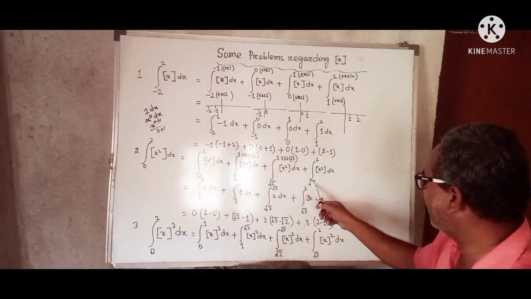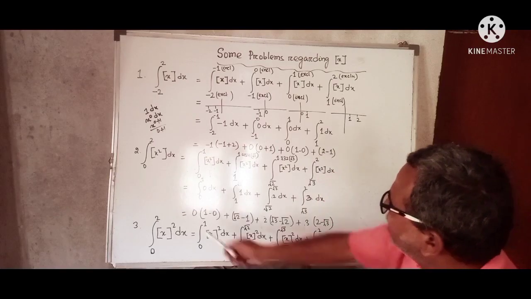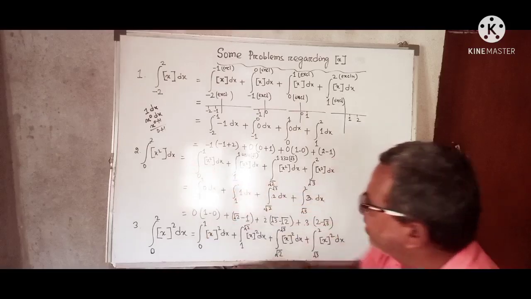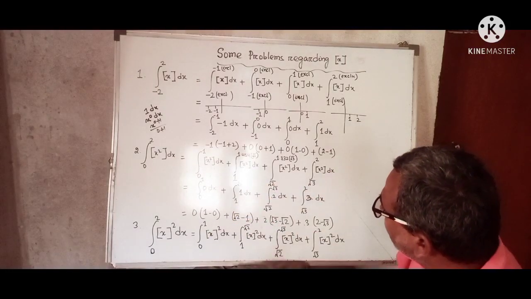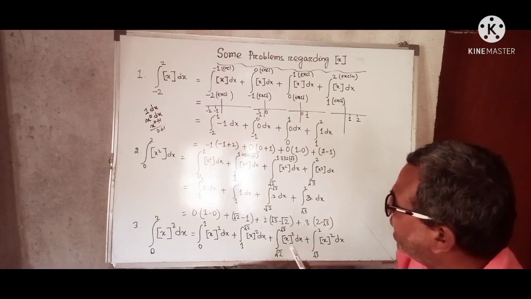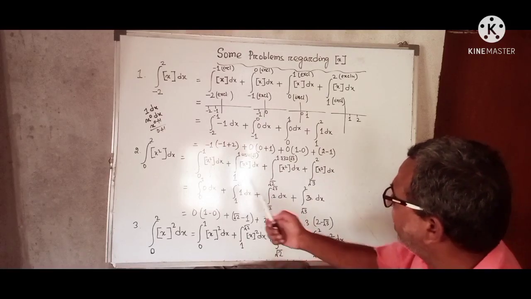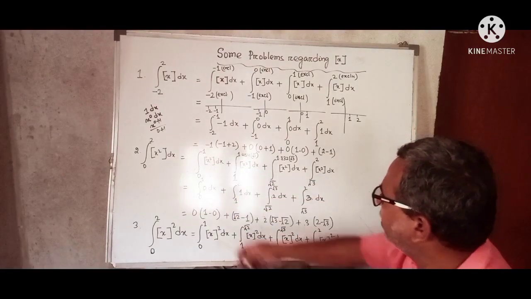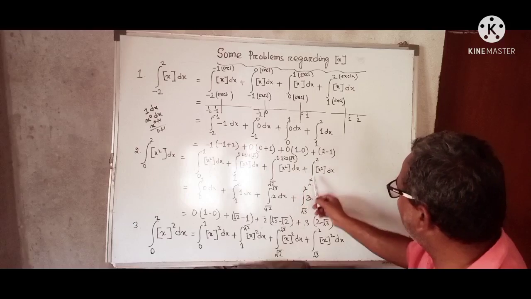And then root 3 up to 2. I have resolved the interval into sub-intervals for clear understanding and clear calculation. That is why I have resolved it: 0 to 1, 1 to root 2, root 2 to root 3, root 3 to 2.